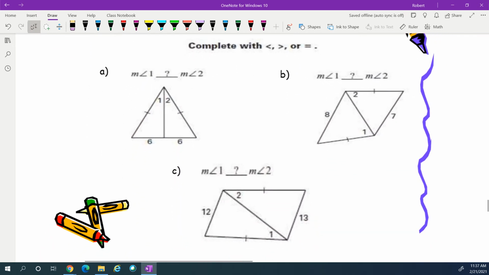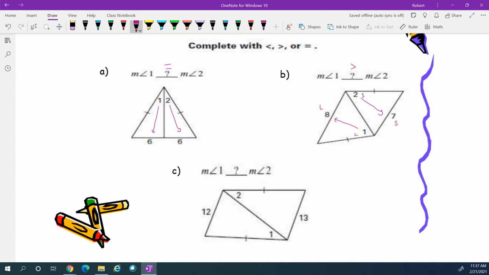We could do a few more examples here. Since the sides are the same, the angles are the same. Again, angles and sides that are opposite of each other. 8 is large, 7 is small. Then angle 1 is large, angle 2 is small.